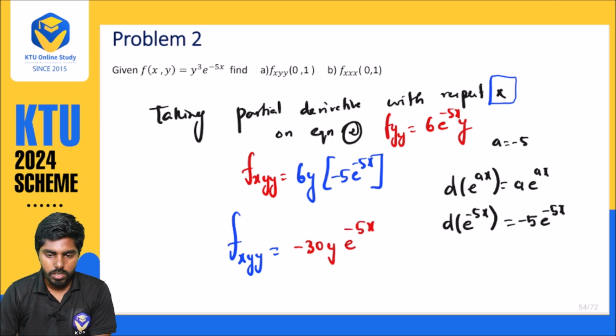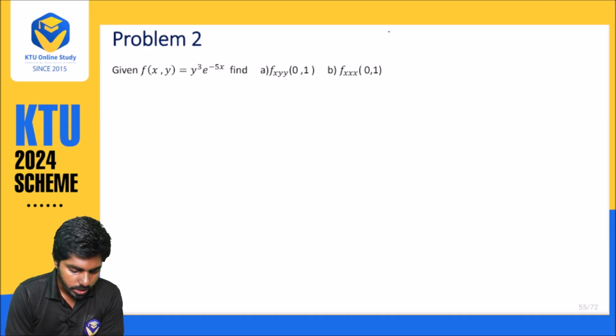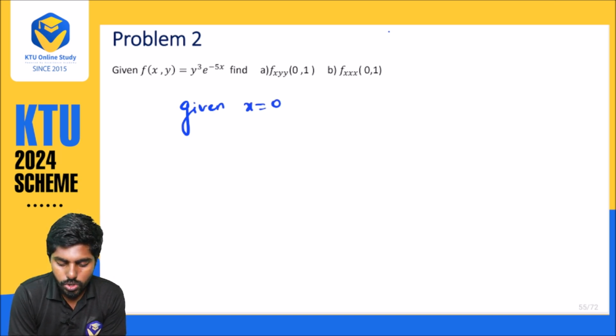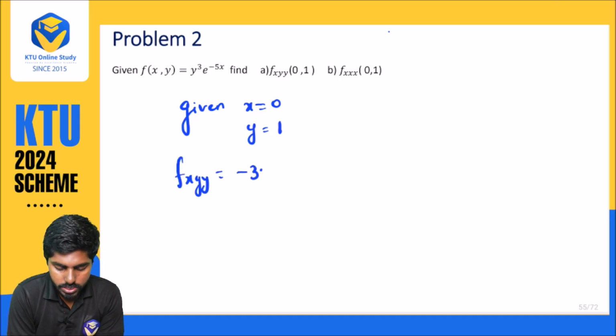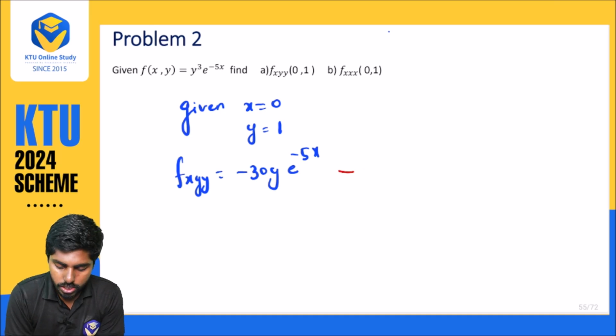Okay. Now, what is the value of x? They have given x is equal to 0 and y is equal to 1. So just substitute the x and y values in the third equation.